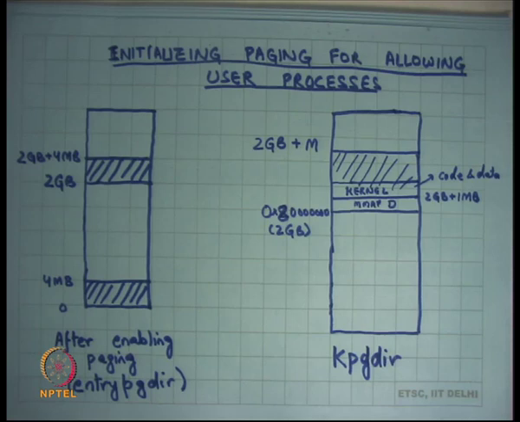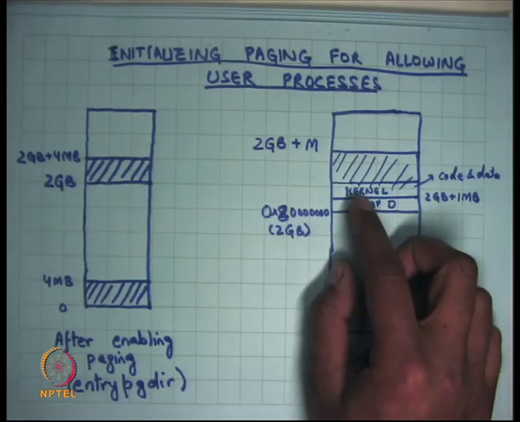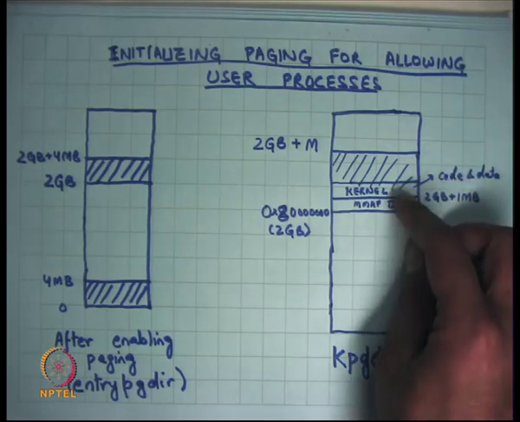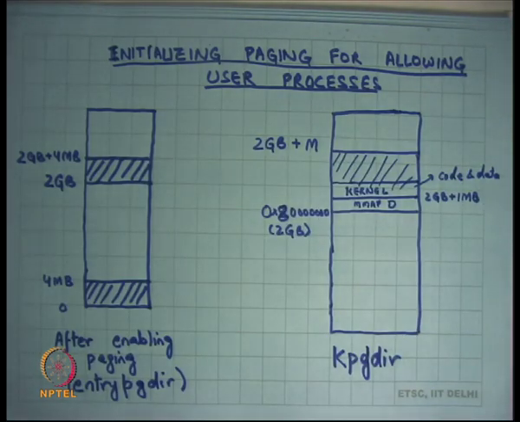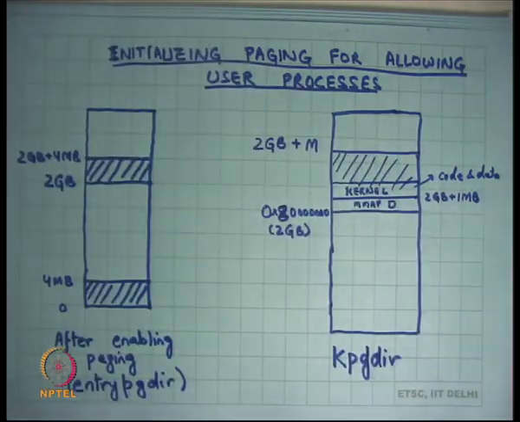So where is the page directory going to get allocated? Recall that the entry page directory was a global variable, so that was allocated in the data section of the kernel, but anything other than that, for example per process page directories, is going to be allocated from this extra space, which is wherever the kernel ends, and from there on till whatever capital M is, the size of physical memory.